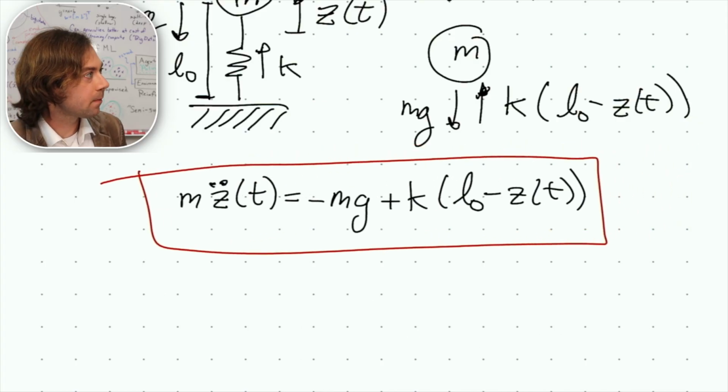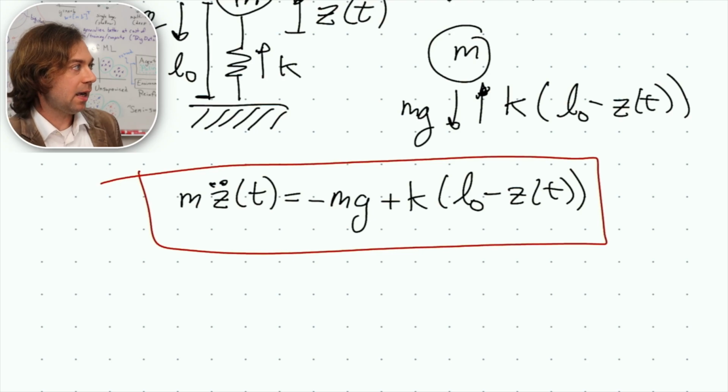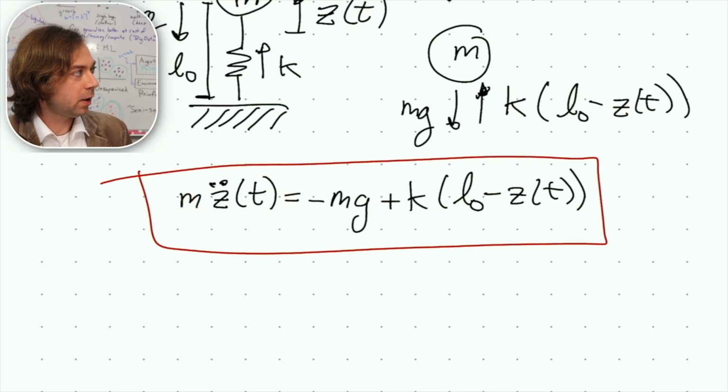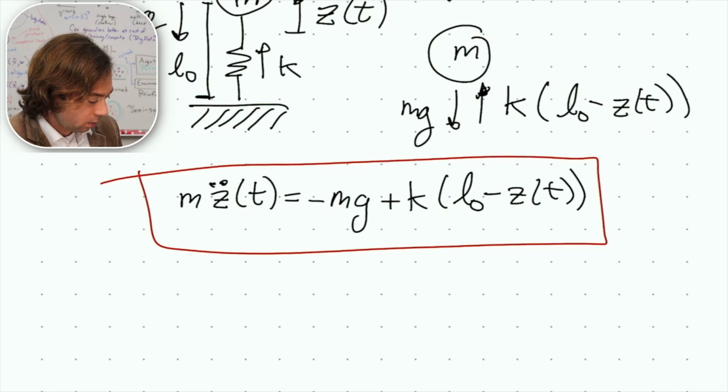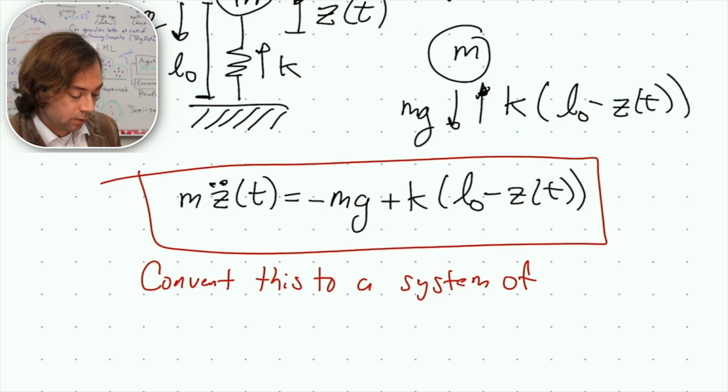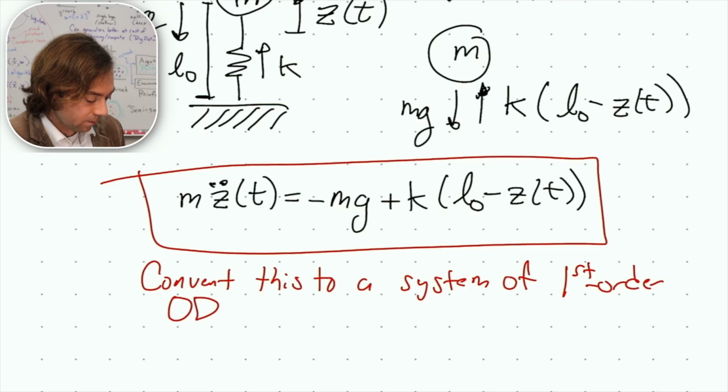So how do we simulate that using Euler's method? You can see we have a second derivative, so we have to convert this to a system of first order ODEs.